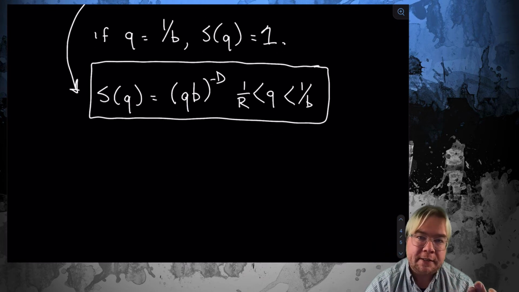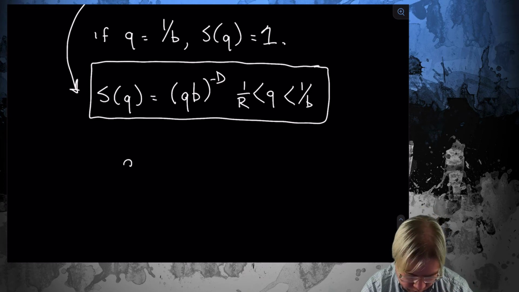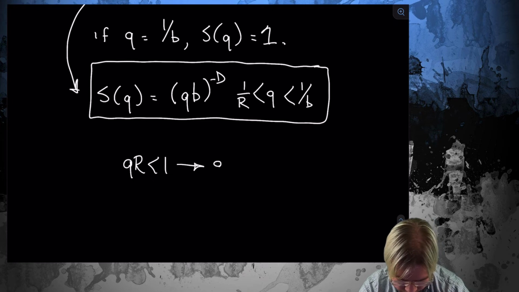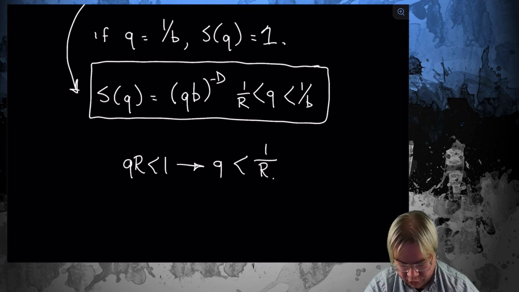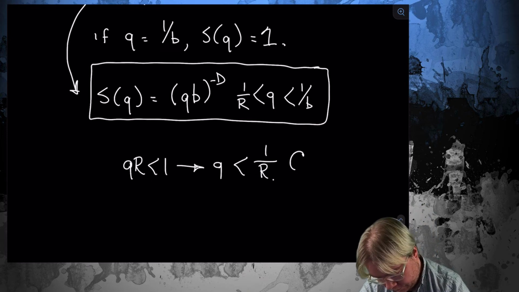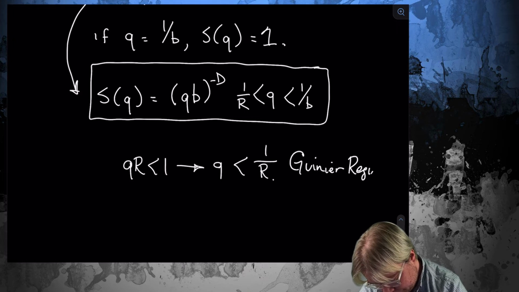And remember, for comparison, Guignet's region is when QR is less than 1, in other words, when Q is less than 1 over R. So we already know that this is valid for the Guignet region. Okay, this is the Perot region.